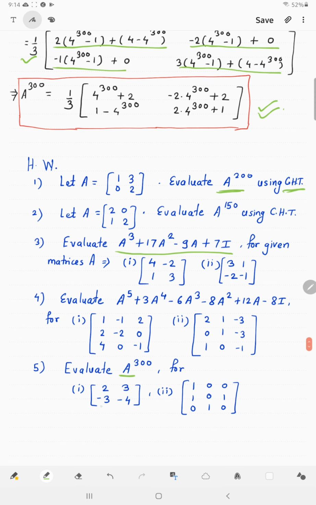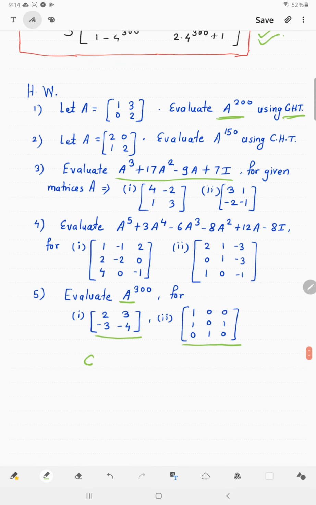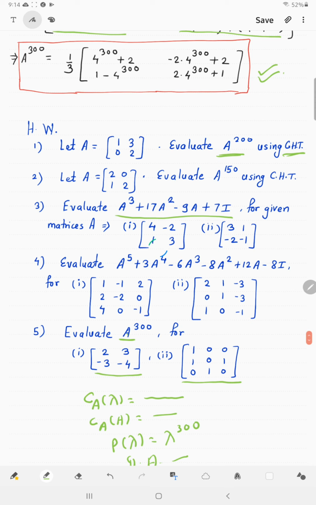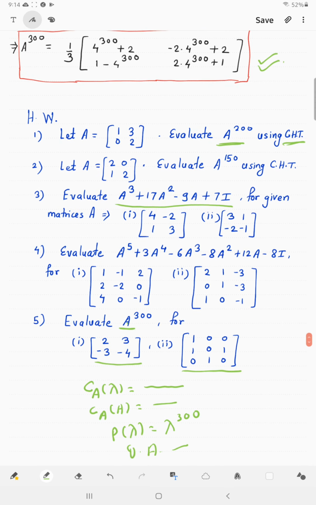Evaluate A raised to 300 for this matrix and also find A raised to 300 for this matrix. What we have to do is first find the characteristic polynomial. Then we have c a of lambda. Then put lambda raised to 300 as some polynomial, use the division algorithm and carry forward. The process required for doing all this calculation is explained in our theory notes. Please go through it. Thank you.